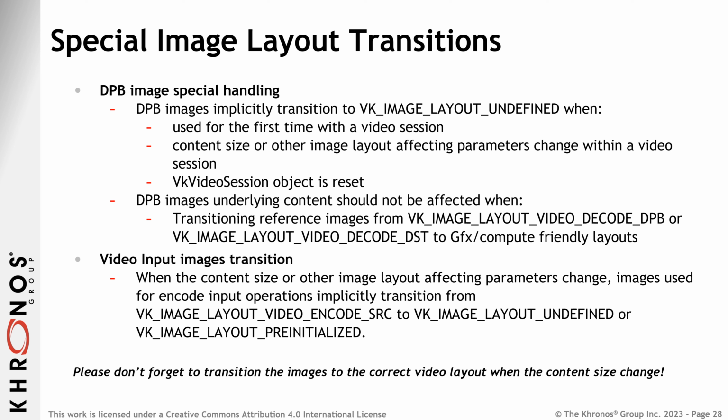However, there are some special implicit image layout transition use cases. Specifically, video images are considered to be in an undefined layout not only after they have been created, but also when used for the first time with a video session that has been reset, or if the compressed video content size or other image-layout-affecting parameters change.